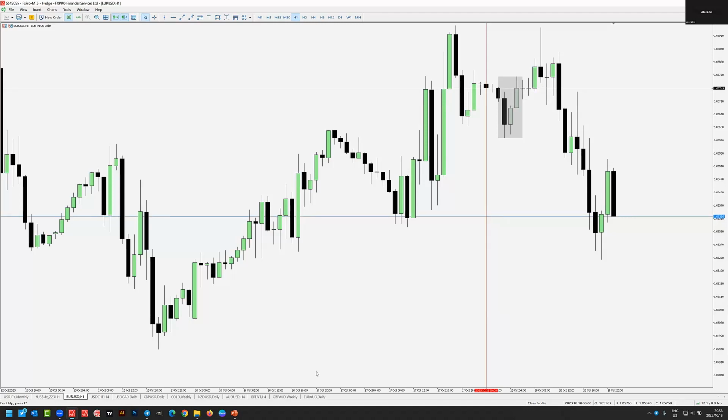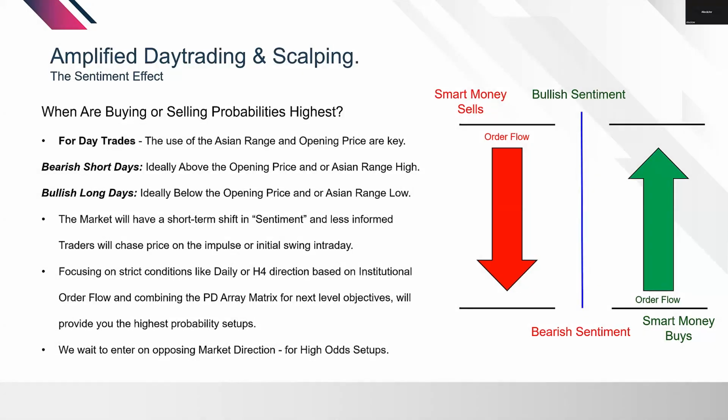Now, the moment you are looking for shorting opportunities, when are buying or selling probabilities highest? So during a bearish short day, ideally when price is above the opening price and or Asian range high, that's when you have to look for shorts. When price is above your opening price for that day and the Asian range high.